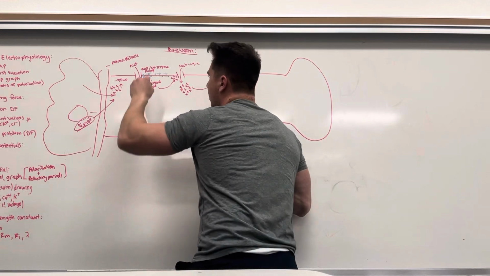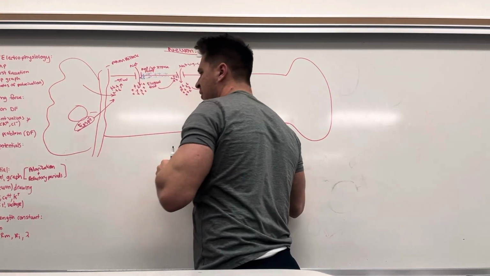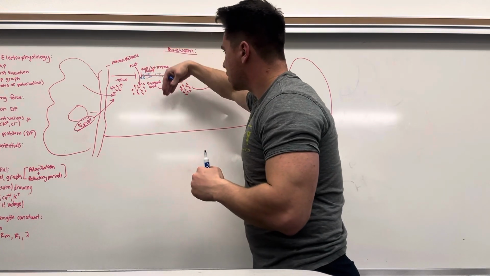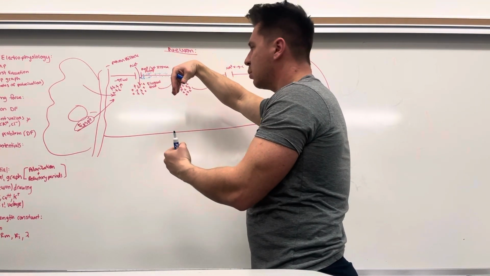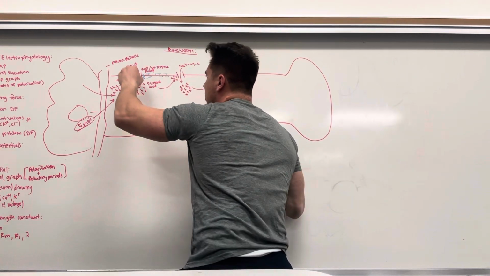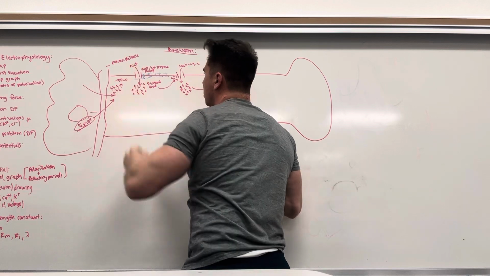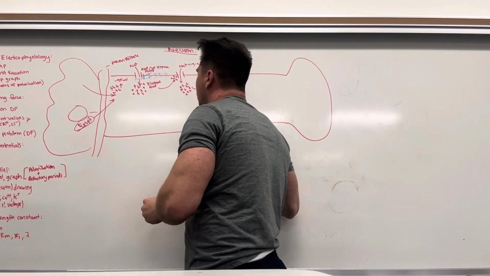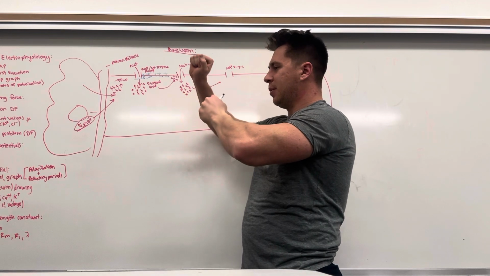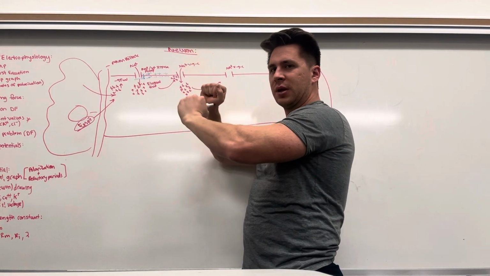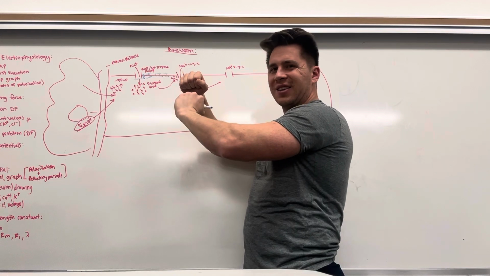These charges, the positive pushes down on the calcium and the negative charge pulls down on the calcium. And this calcium is controlling the gate on the sodium. When they pull up, it opens that gate. When it's pushed down by the positive, pulled down by the negative, that gate stays closed.